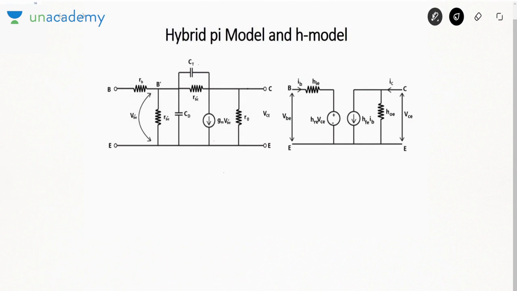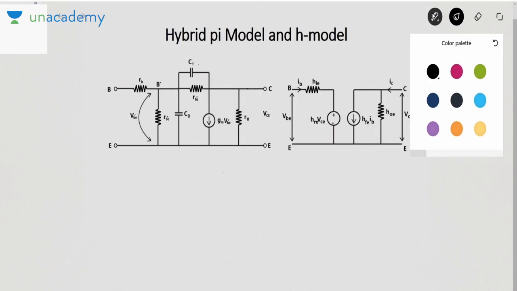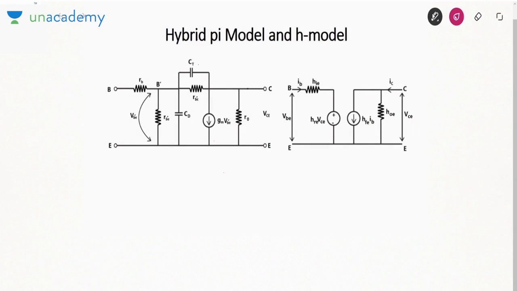Now, as I told you earlier as well, when we are talking about high frequency, which model is used? We only use the hybrid pi model. Now in this model, what modification has been done? We have now introduced capacitances also.